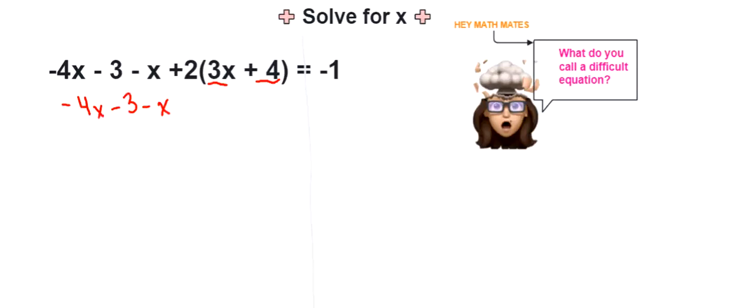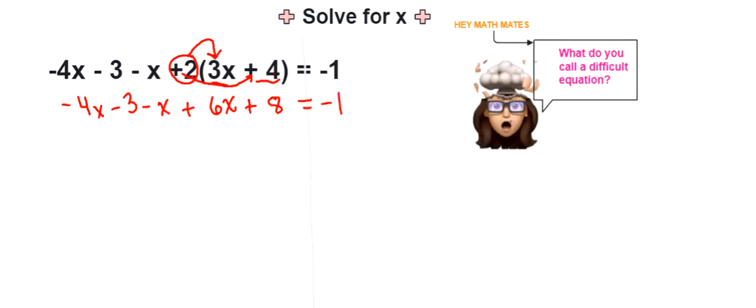Therefore, I need to distribute this +2 all the way through. A positive times a positive is a positive. 2 times 3x is 6x. Then a positive times a positive again is a positive, and 2 times 4 is 8.